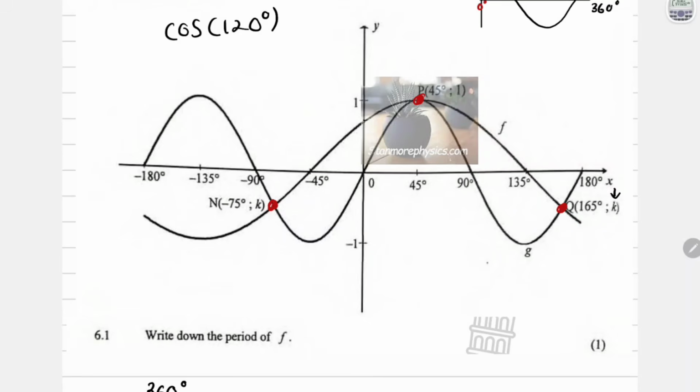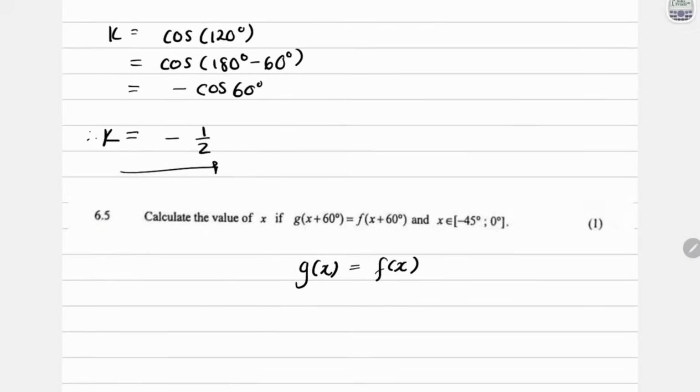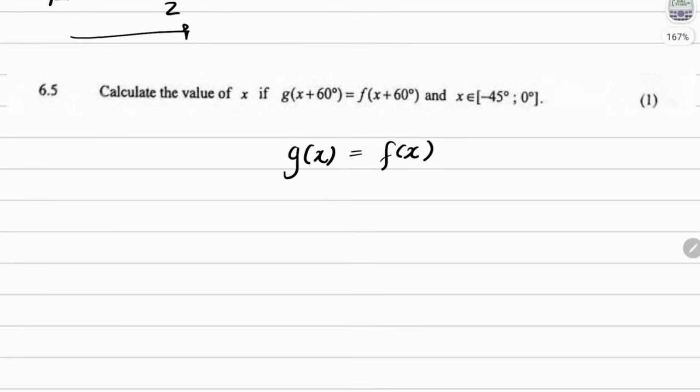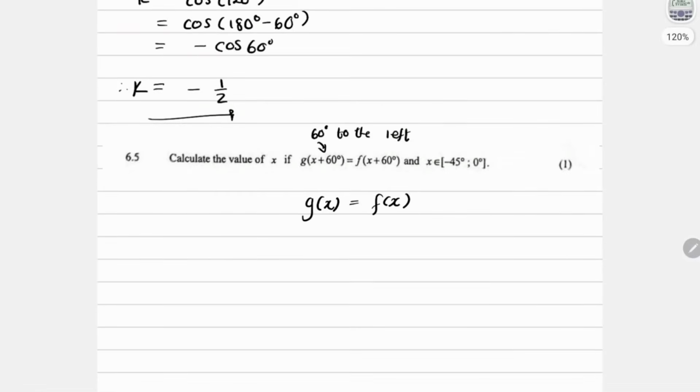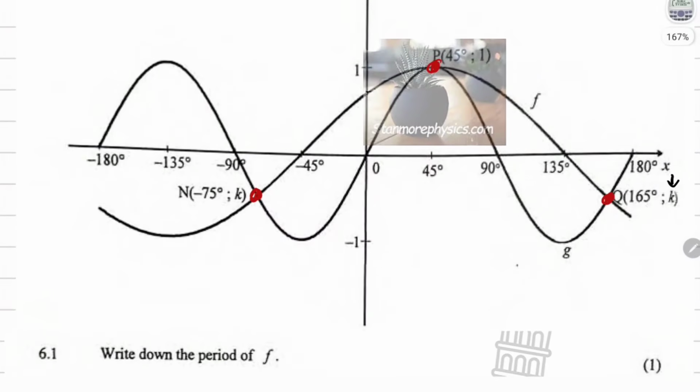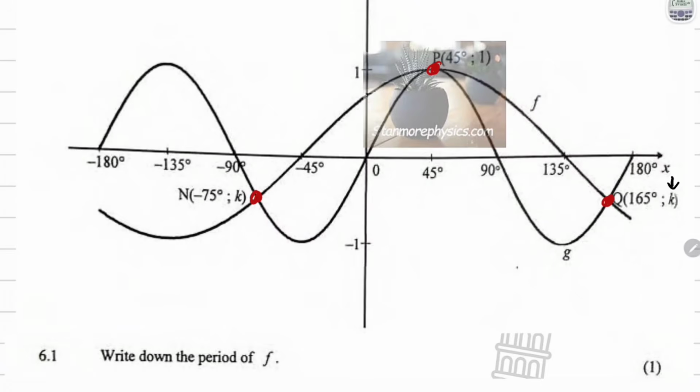But now we have to consider the shift. So they said plus 60 degrees, meaning it's moving to what direction? It's 60 degrees to the left because it has plus. So it's taking both graphs and shifting them to the left. So to make this easy, I'm going to highlight both graphs and then we'll move them to the left by 60 degrees.